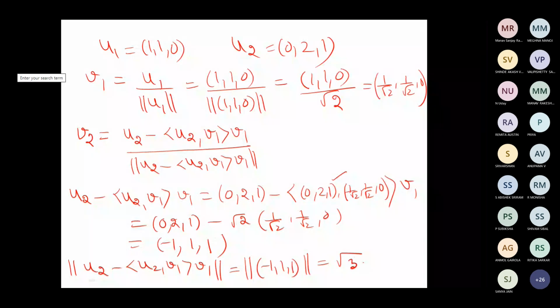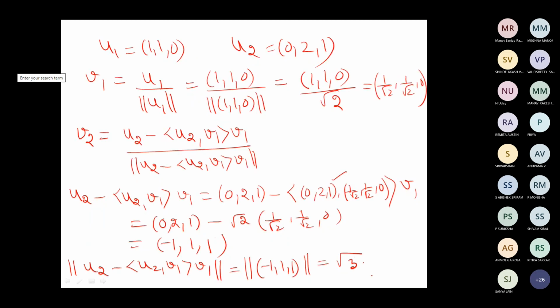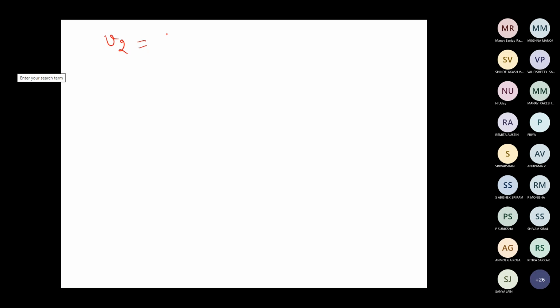Then root 3 it is. Okay, shall we proceed? So V2 is (minus 1, 1, 1) by root 3. So it is (minus 1 by root 3, 1 by root 3, 1 by root 3).